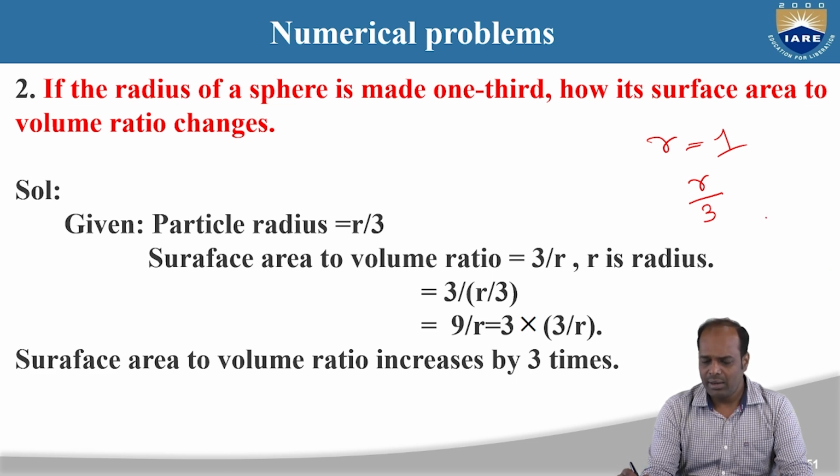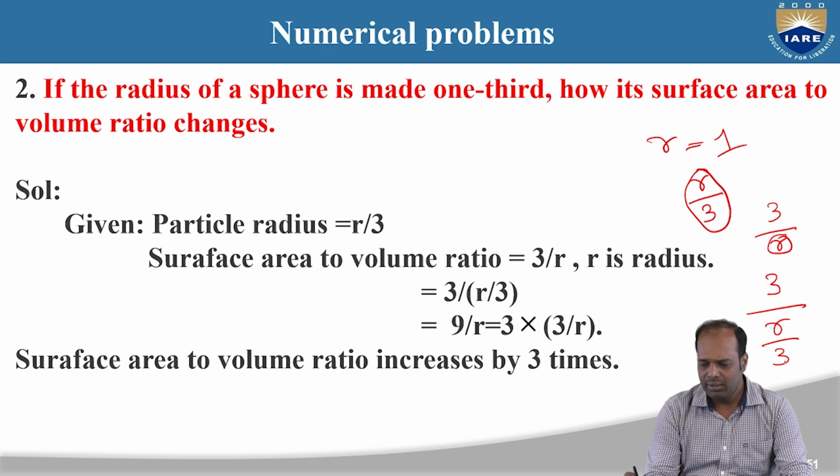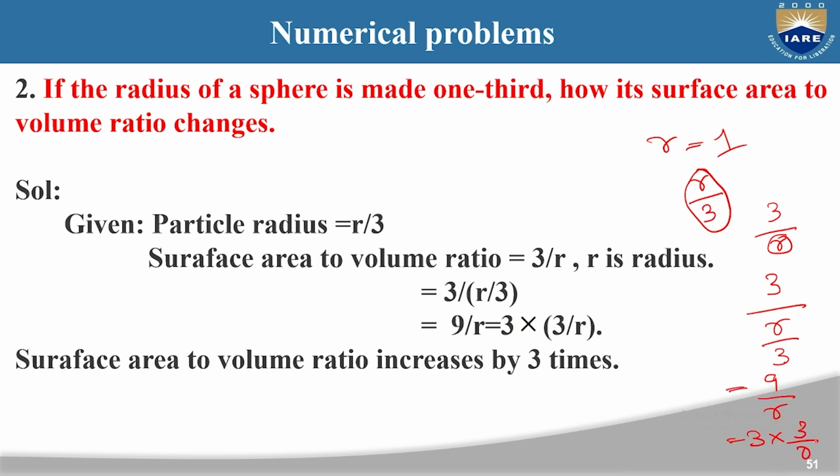What is the formula for surface area to volume ratio? 3 by R. Here, what radius did they give? Radius is equal to R by 3. So 3 by R by 3. What are we getting? 3 threes are 9, so the denominator 3 goes to the numerator: 9 by R. So how many times is this more than 3 by R?